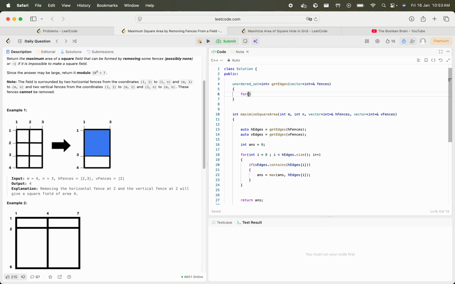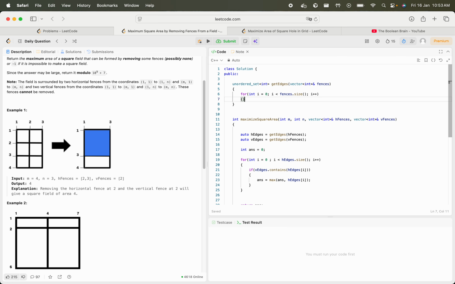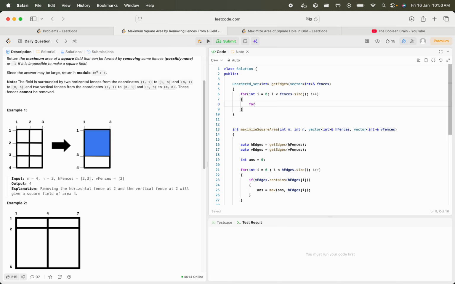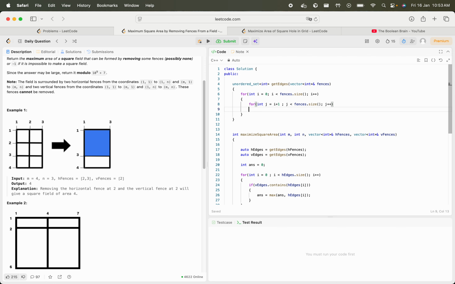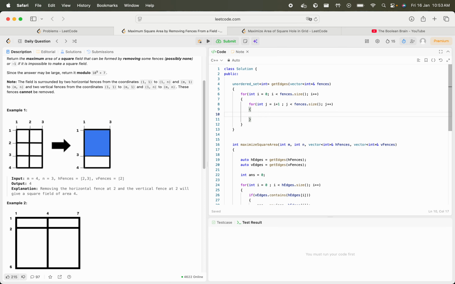I can simply start iterating on this, and I'll start another loop. j equals to i plus 1, j less than size, j plus plus. Now, this is I and J combination, right?